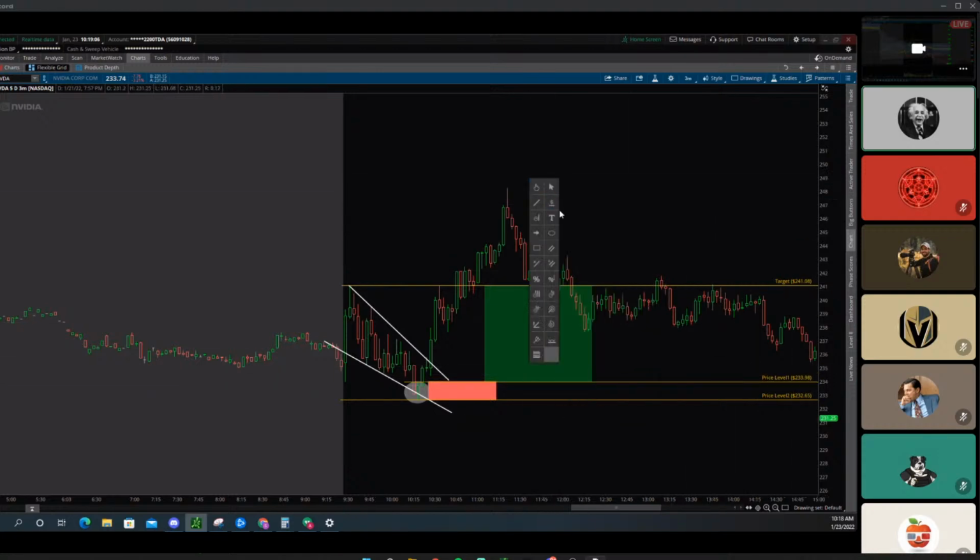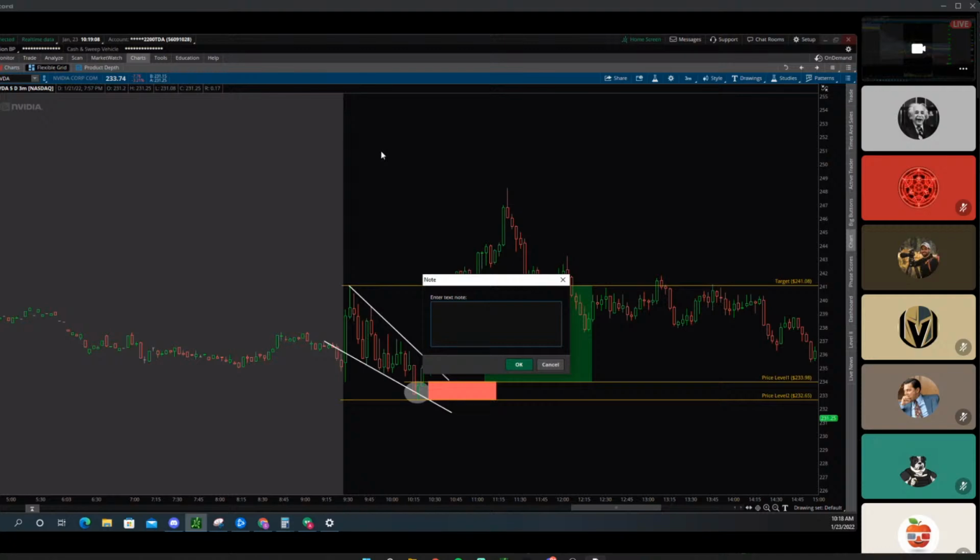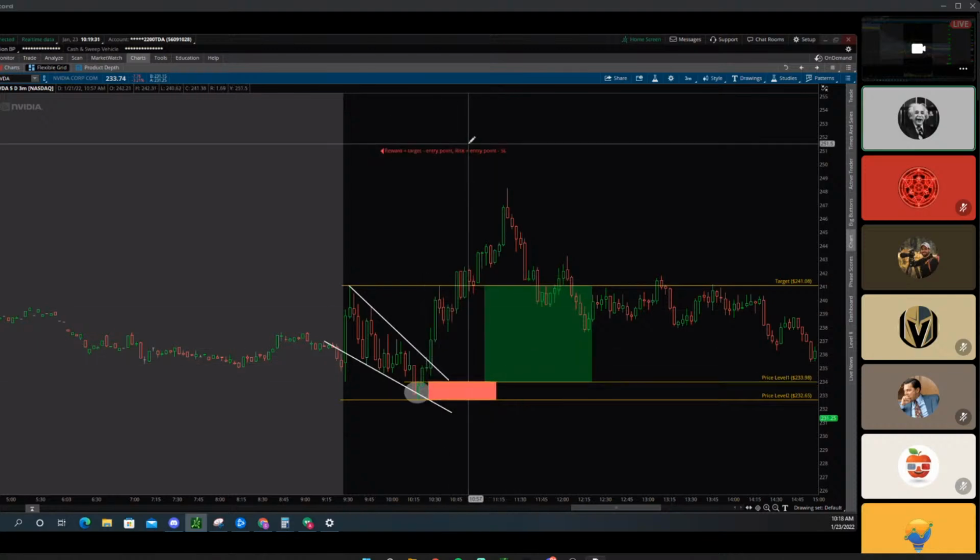The formula for this is basically this: your reward is the target minus the entry point, and this has to be positive. And then your risk is your entry minus your stop loss.